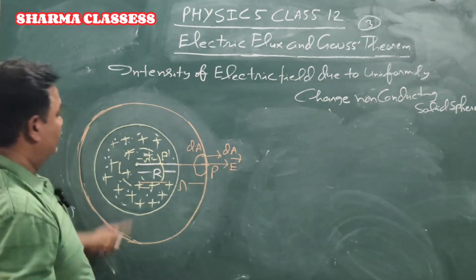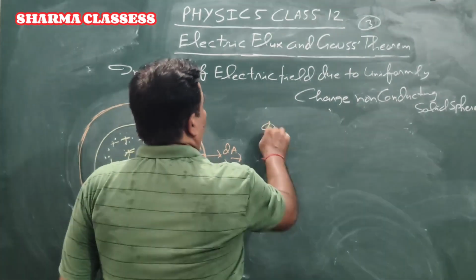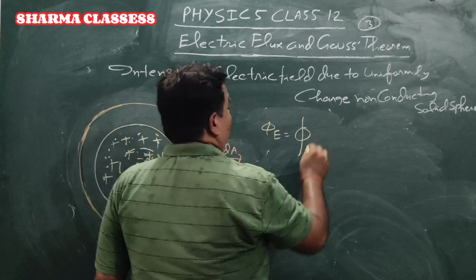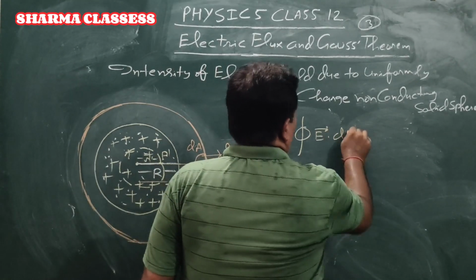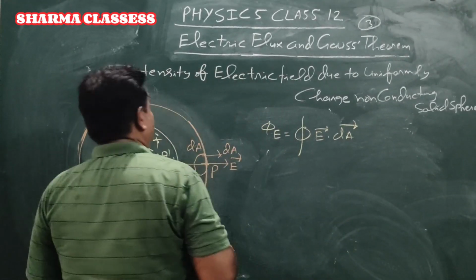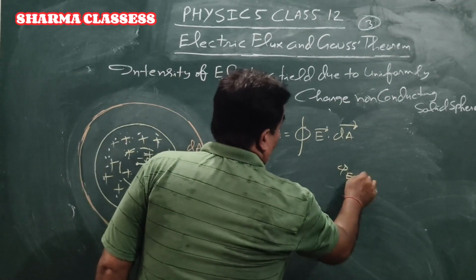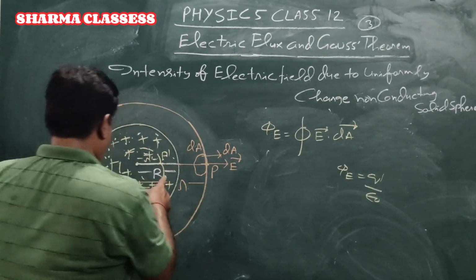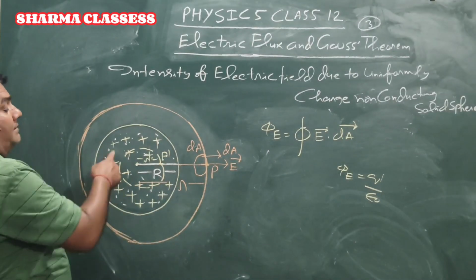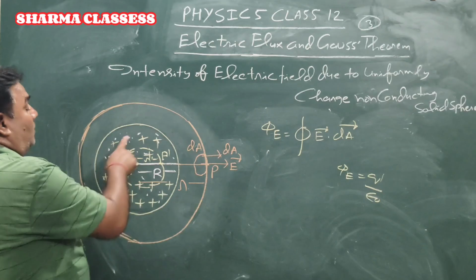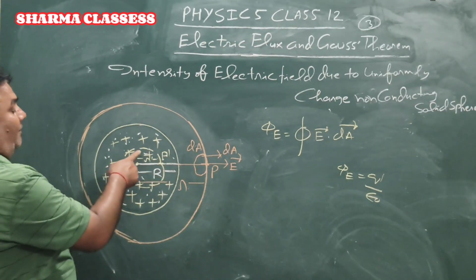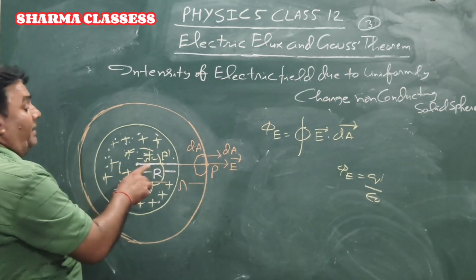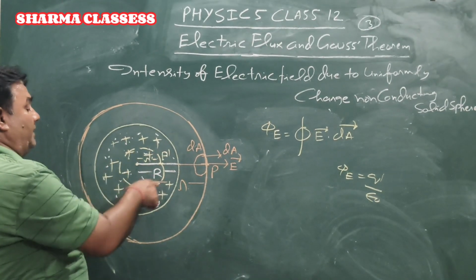The electric flux passing through this spherical surface, by Gauss theorem, is integration of E dot dA, and phi is equal to Q dash upon epsilon zero, not Q, because some charge is outside. Total charge given to the sphere is Q; some charge is outside and some is inside. Due to the outside charge, the electric flux through this surface is zero, but due to the inside charge it is not zero. Suppose Q dash charge is present inside this sphere.